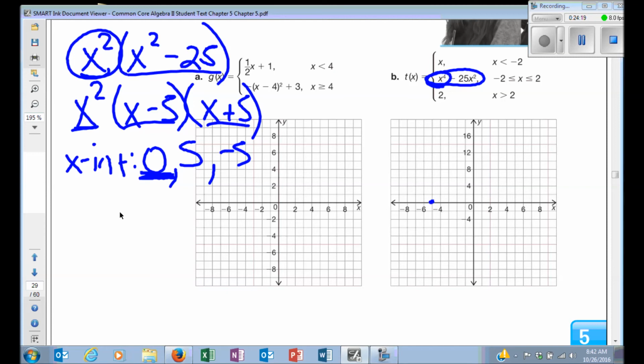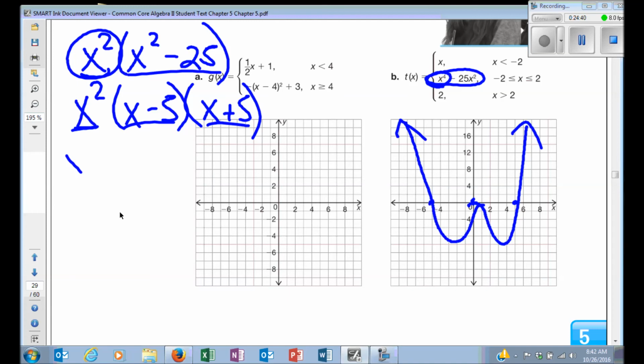Do you see how I'm sure that most of you would just graph it, try it out, and realize, oh, that's not right. And then you need to look back and see why it's not right. And boom, it touches right there and then goes back down. So it looks something like that. With me? Now that's the shape of it.